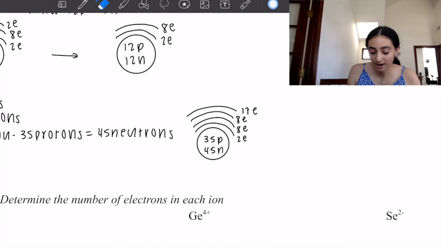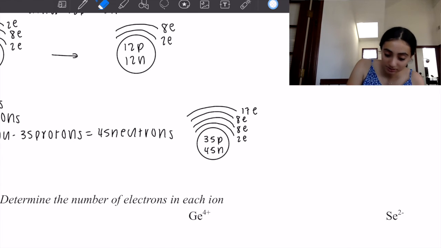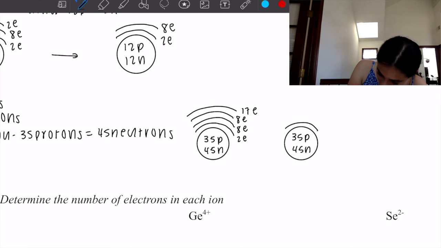So now to do the ion, it's much easier to gain 1 electron than lose 17. So our Bohr diagram will have 1 more electron in the valence shell and have 18. So I'm going to draw that out with 35 protons, 45 neutrons.